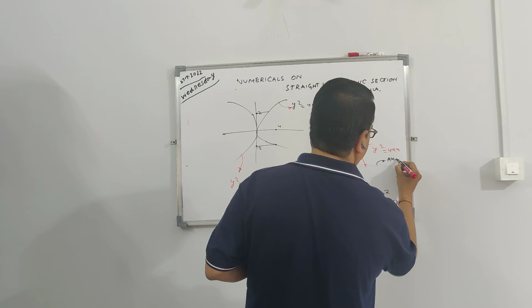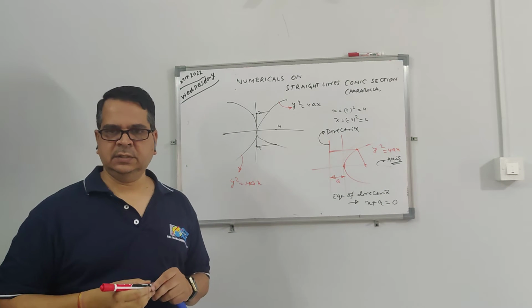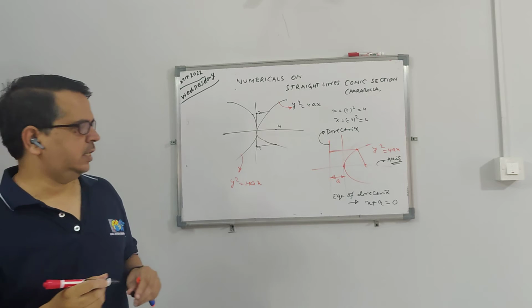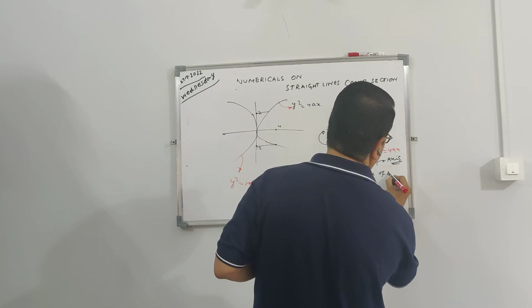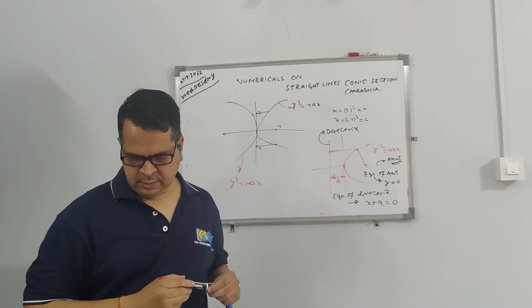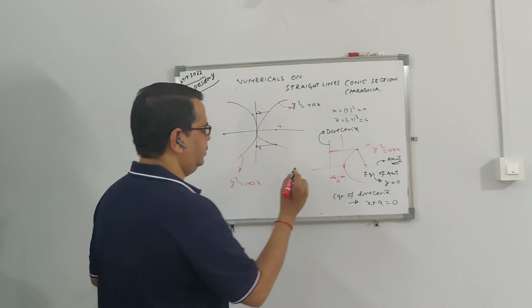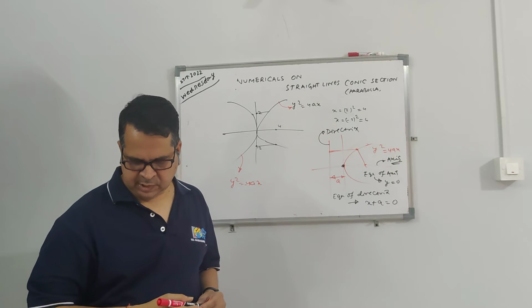So the x axis is your axis. So equation of axis is y is equal to 0. That is your axis. Clear? Yeah. Okay. And the vertex. So this is vertex 0, 0.